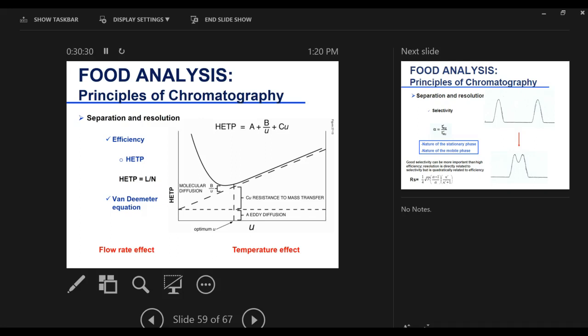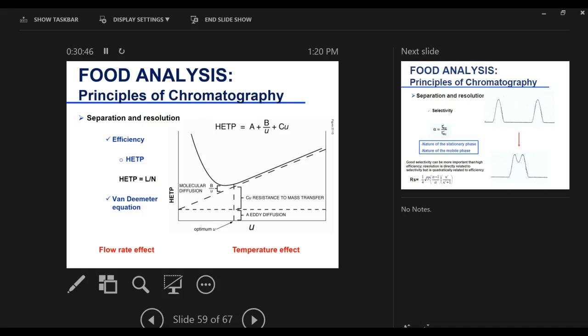That's why flow rate works in both ways. Too slow is not good, too high is not good either. Too high is also going to impact your height equivalent of a theoretical plate. You won't reach equilibrium.